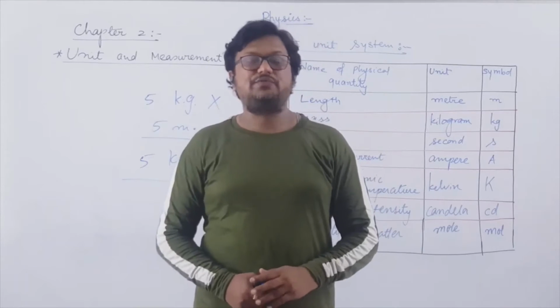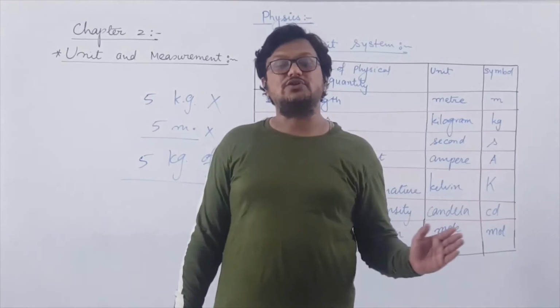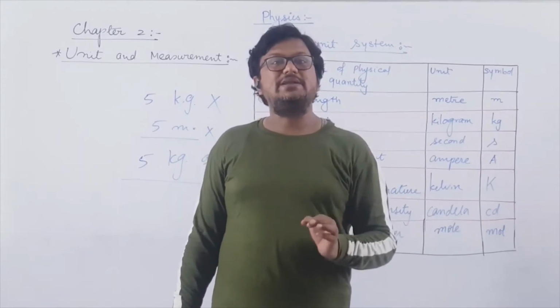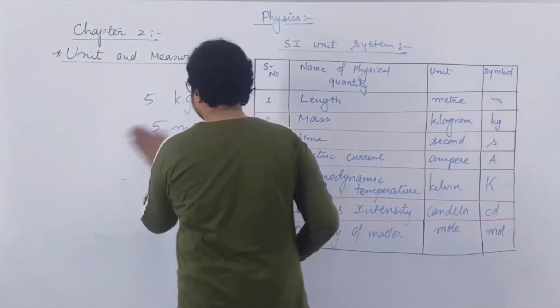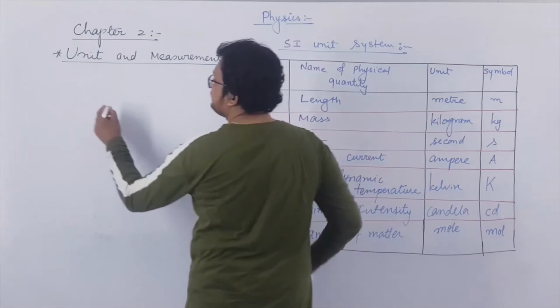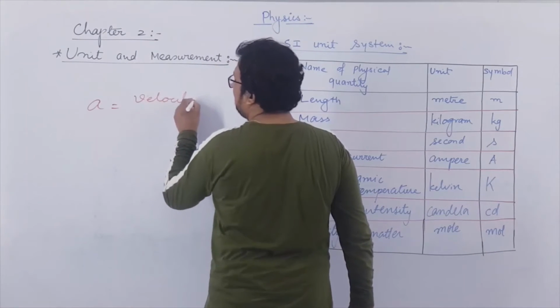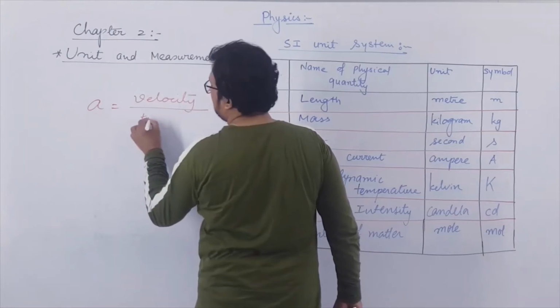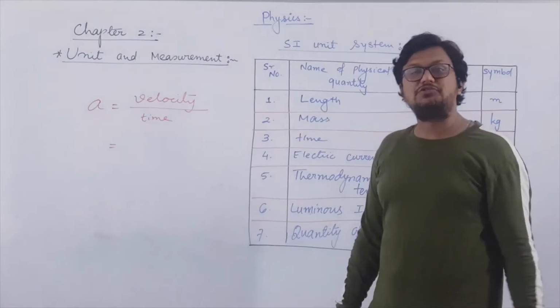And the fifth and the last one is that units should always be written in a single ratio. Say for example, if we say acceleration of a body. Acceleration of a body is defined as, simply we'll write velocity upon time. Exact definition is something else, but just now we remember that acceleration is velocity over time.